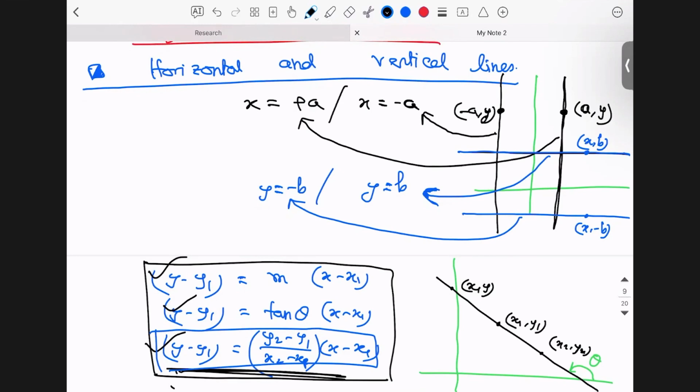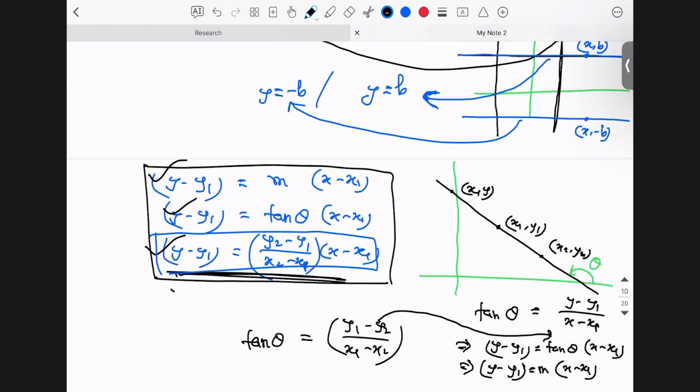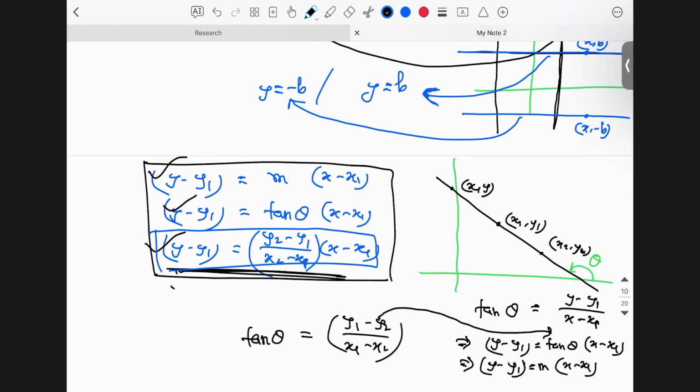Next, we saw that when we know the slope of the straight line or one point on that straight line, then how we can derive the equation of the straight line. And also, if I know the angle of inclination of the straight line with the positive real axis, then also how we can find the equation of the straight line using one point on the straight line. That also we have discussed.